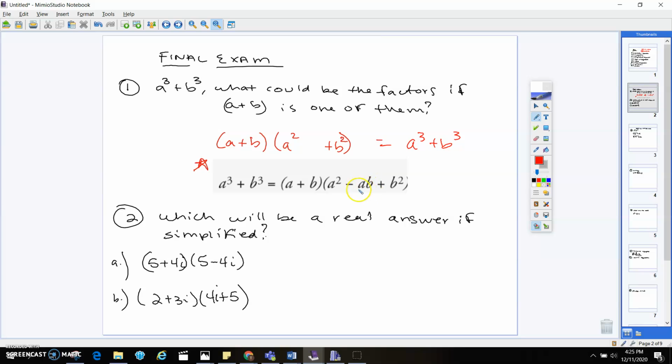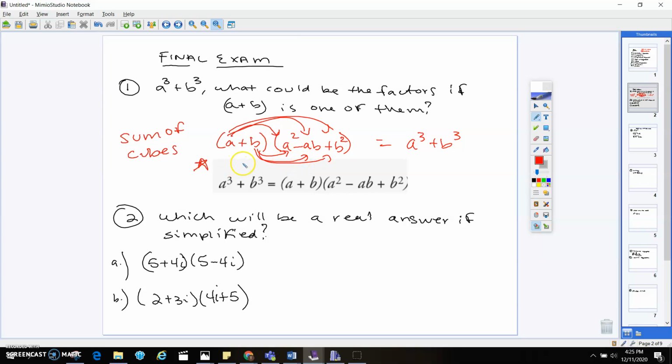In order to make sure that there's no middle term in here, you're going to have a negative a times b to make that happen. This is called the sum of cubes, and there is a question like this on there. If you ever get confused, take the answer choices and multiply them out, and that should tell you a lot about what your answer is.